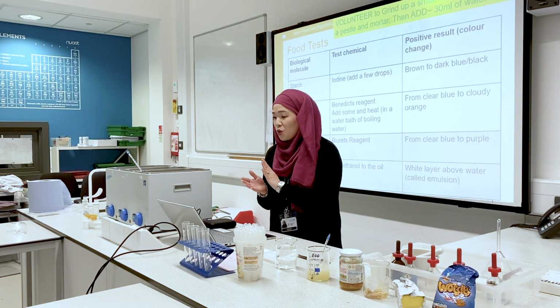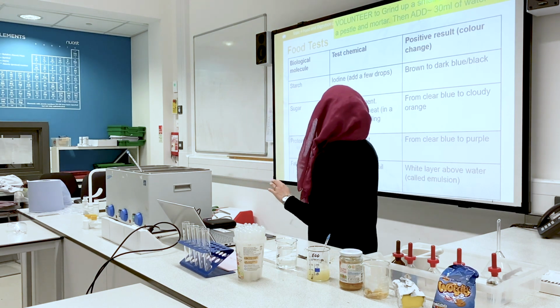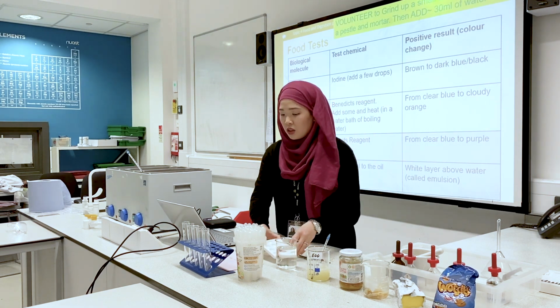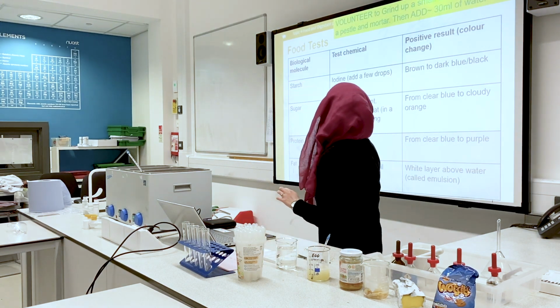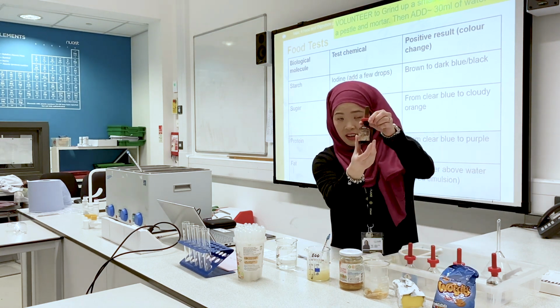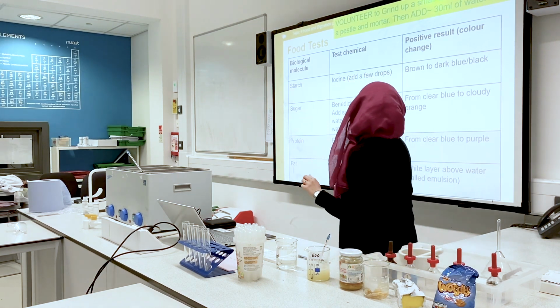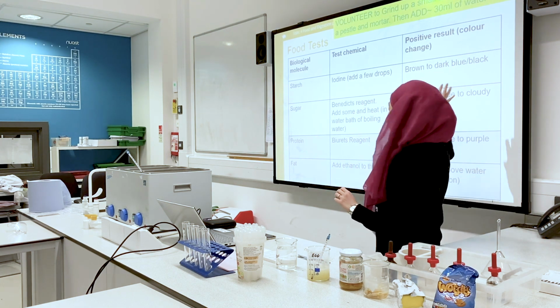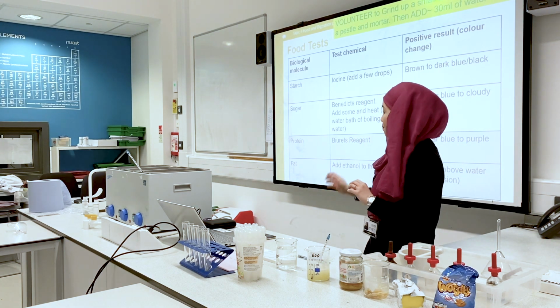The test for starch. If I was to add starch to my spotting tile or test tube, I would be using iodine, which is here, and if starch was present, we would see a brown to dark blue colour.